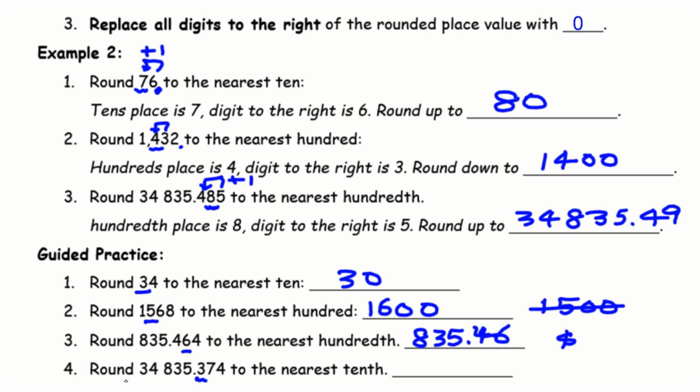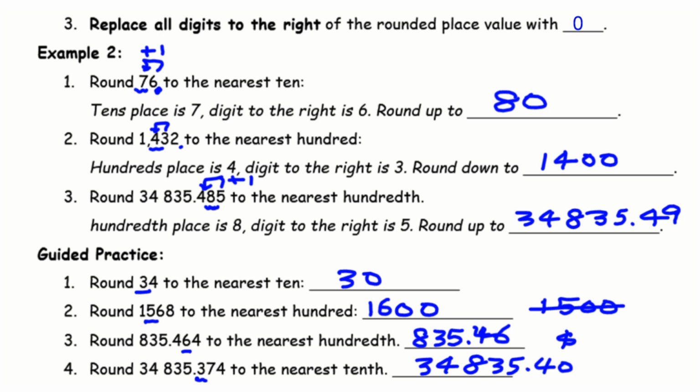Then if in dollars, we need to keep all the money there, so it's $34,835 stays there, and the 37 cents we round to 40 cents if rounded to the nearest 10 cents. So this is 40 cents. The number to the right of that place value we change to 0. But on the left, we don't change any of the numbers.